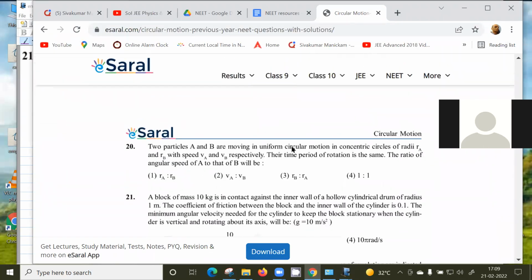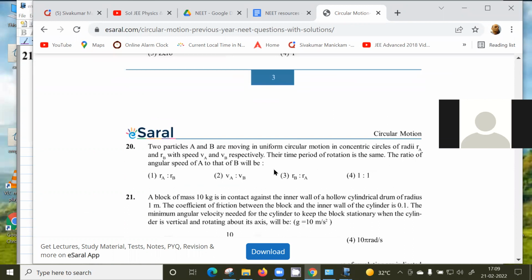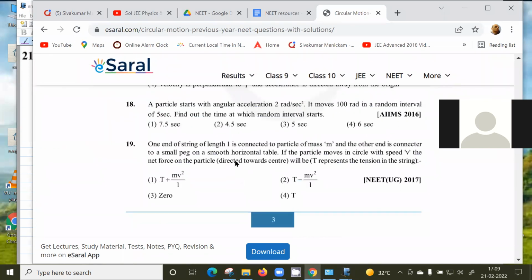This one, two particles are moving. Okay, this we already did. One is connected to a mass m, and the other is connected to a small particle.